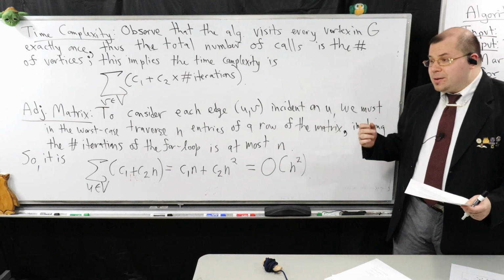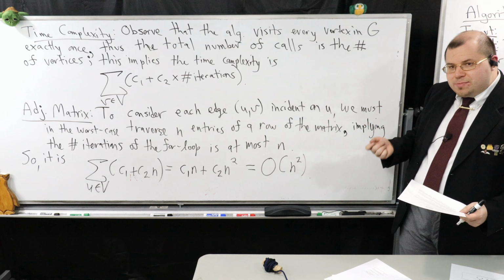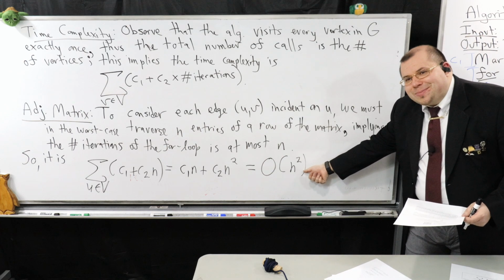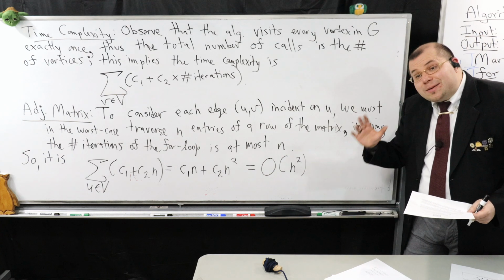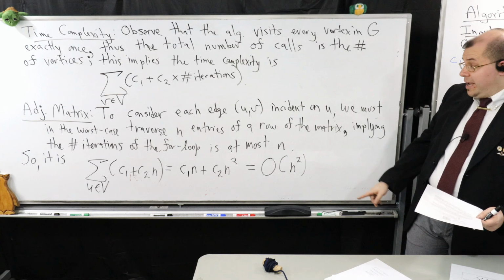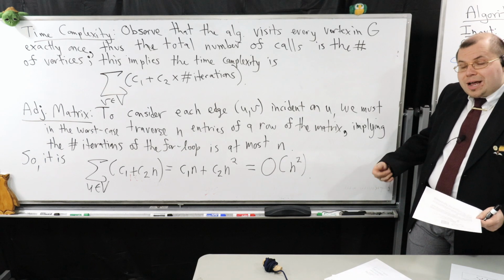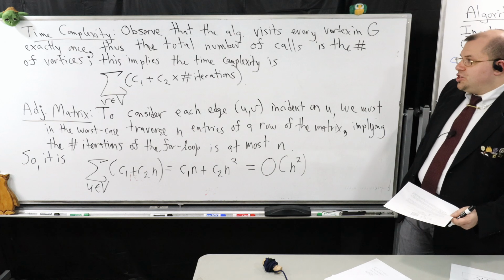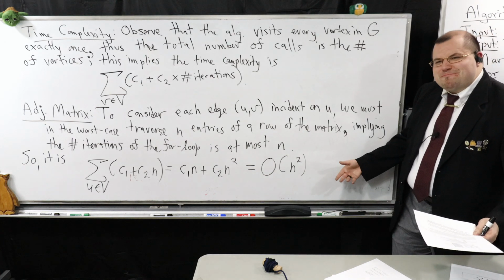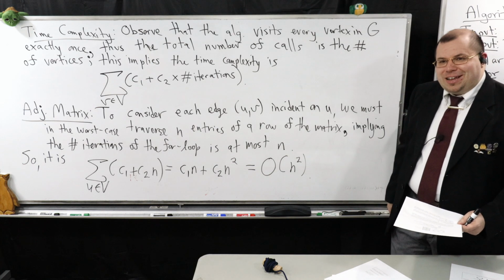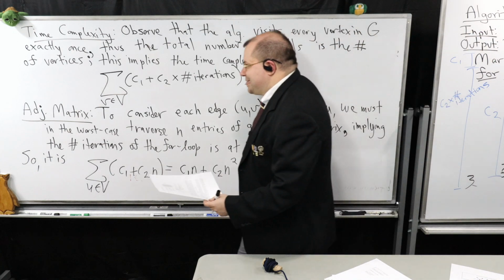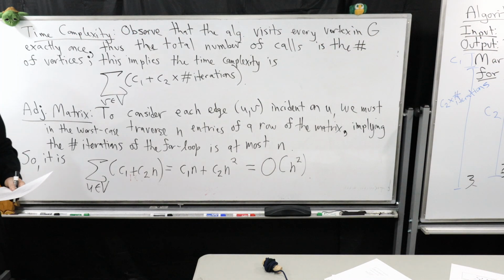Remember, the number of edges a simple graph has is at most something that looks like n squared. So keep that in the back of your mind. It is quadratic in the number of vertices, but in terms of the number of edges, it's technically at most linear. But that's just an aside. If your graph is really dense, this is not bad at all. It's actually quite nice, right?